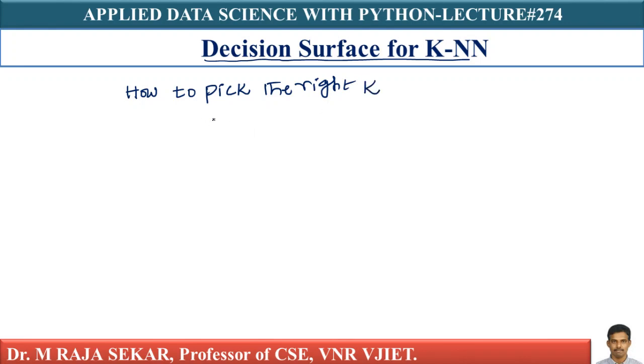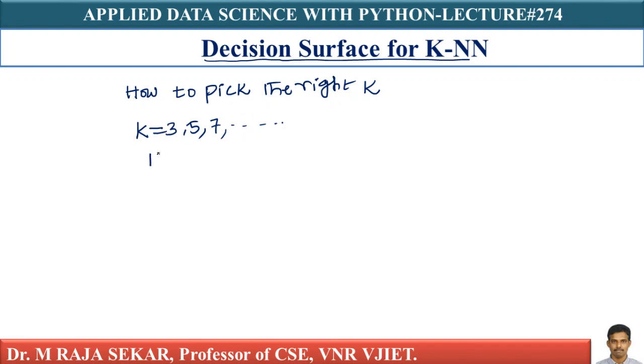In order to understand how to pick the right k, first we will try to understand decision surfaces. Till now we have been saying k equal to 3, k equal to 5, k equal to 7, so on, whatever it is, but we never said how to pick the right k.